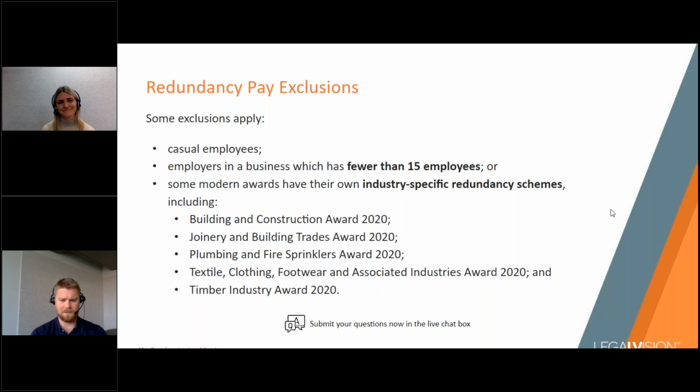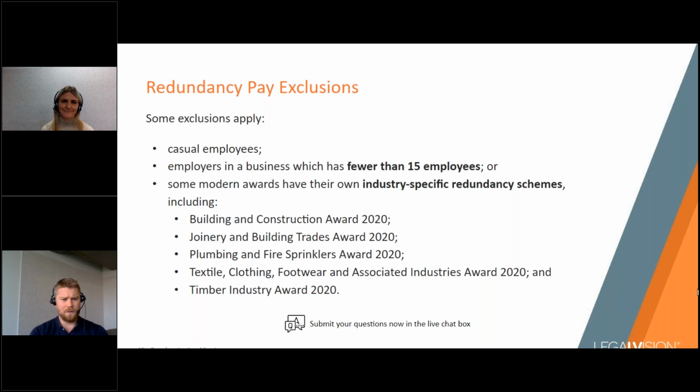But the very vast majority of employers, other than small business employers, are going to be complying with what's been set out in that table. It is possible where you, for example, have a significant redundancy liability to your employees, that you can make an application to the Fair Work Commission where you ask to be relieved of the obligation to make that redundancy payment.